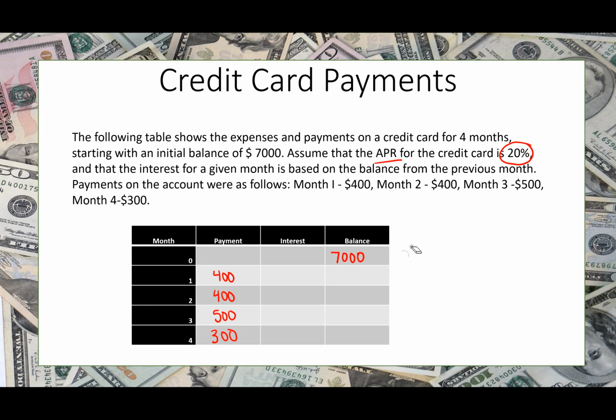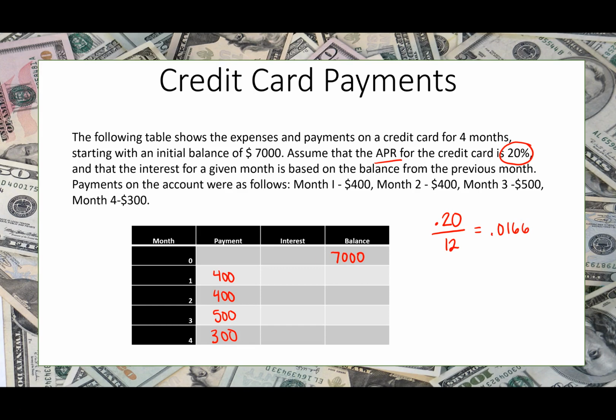So what we want to do is take our 0.20, divide that by 12, because we're not going to be charged 20% each month, we're going to be charged 1/12 of that. So that amounts to 0.016666666666. I'll just give it 2 6s like that.